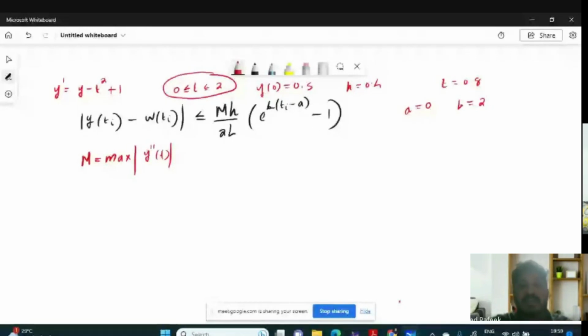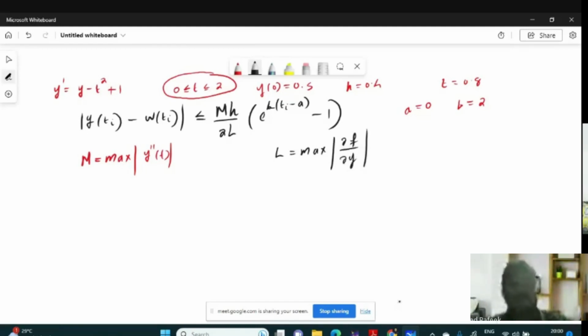L is the Lipschitz constant. L equal to the maximum of dou f by dou y.